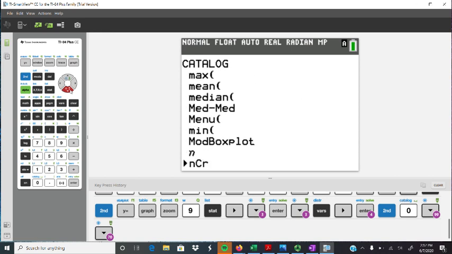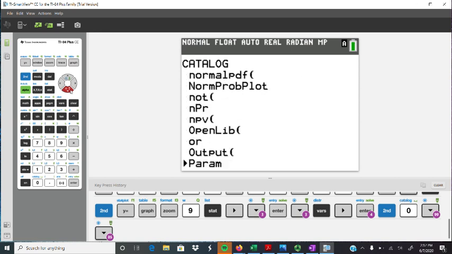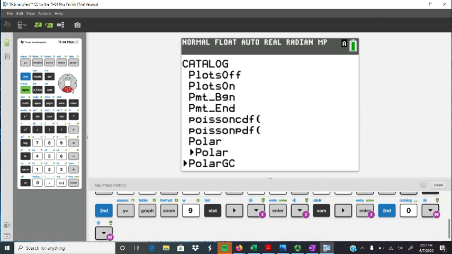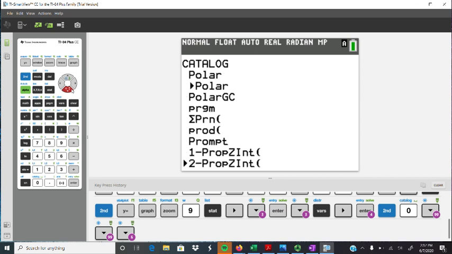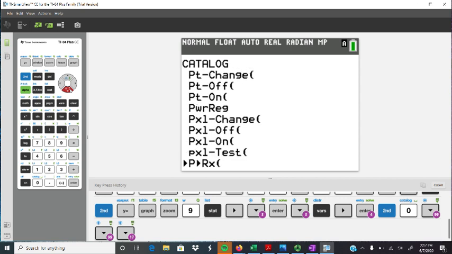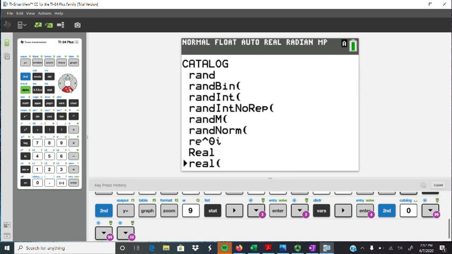I can't find it. Oh, come on. Where is it?